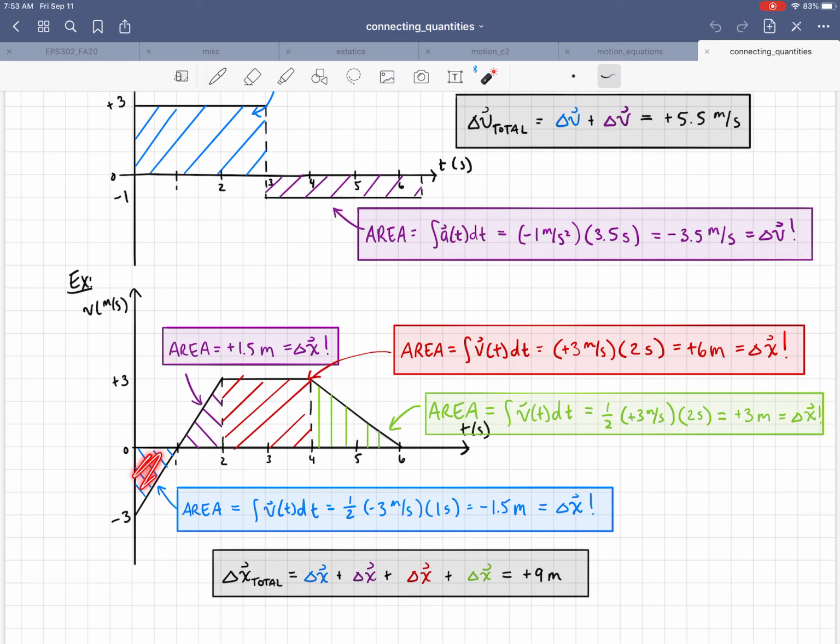So minus 1.5, plus 1.5, plus 6, plus 3. The displacement over the entire 6 seconds, we just add up those individual displacements. We get a total displacement after the end of the 6 seconds of plus 9 meters. That is, at the end of this journey, the object is 9 meters, if we said to the right was positive, 9 meters to the right of where they started.